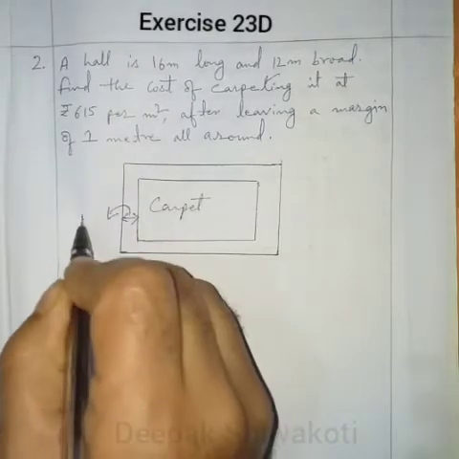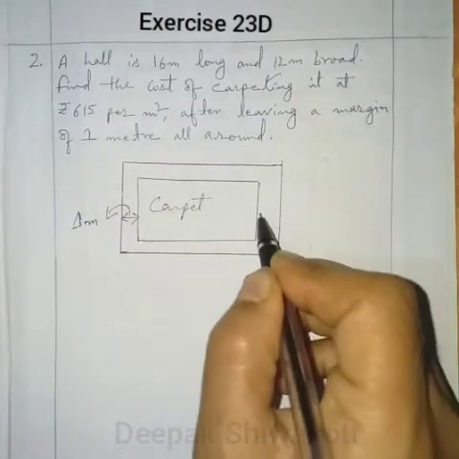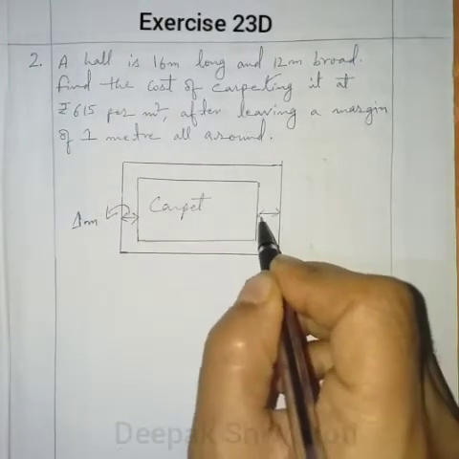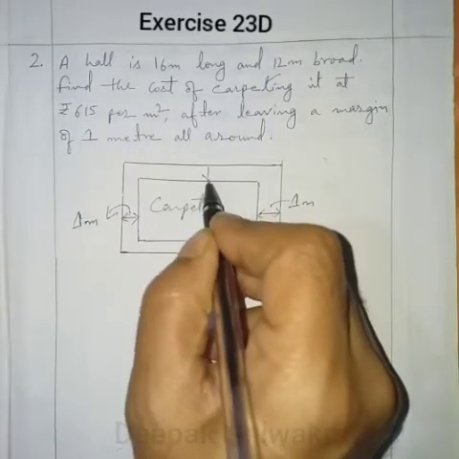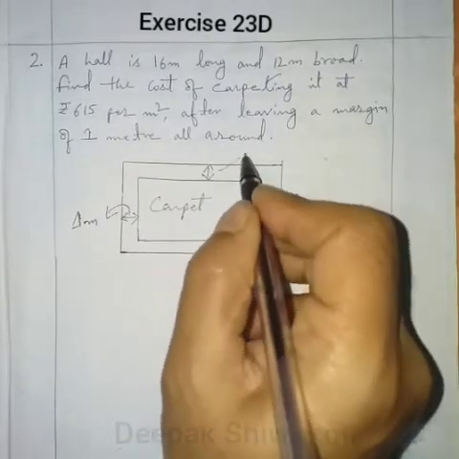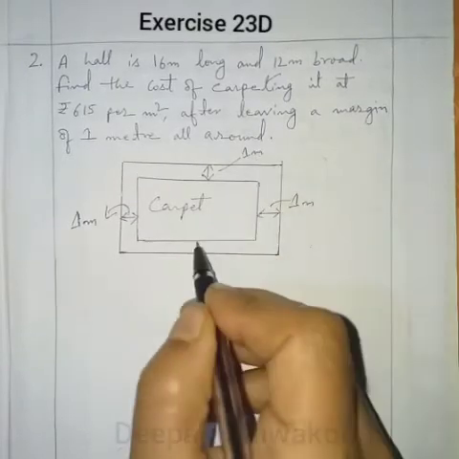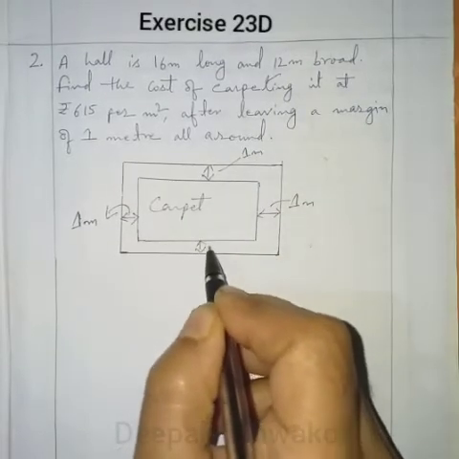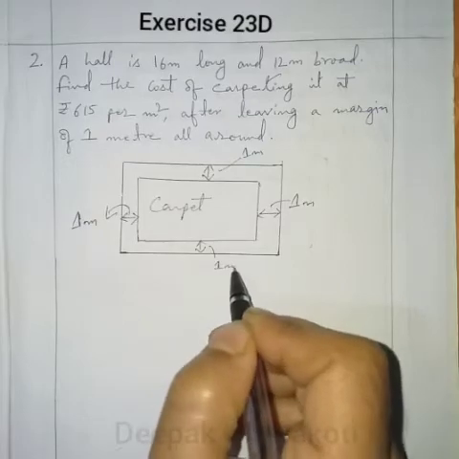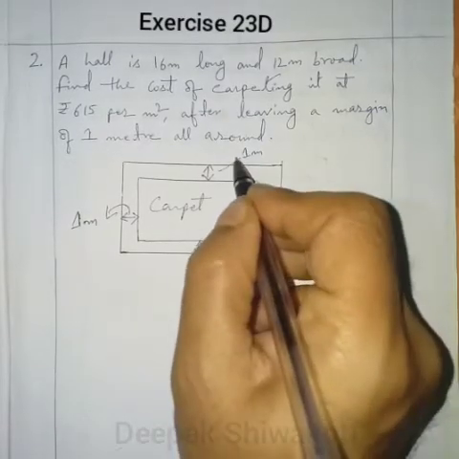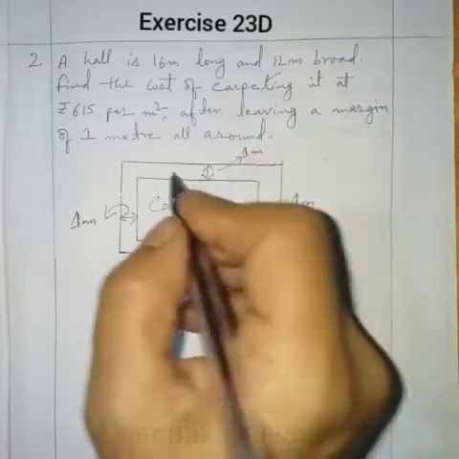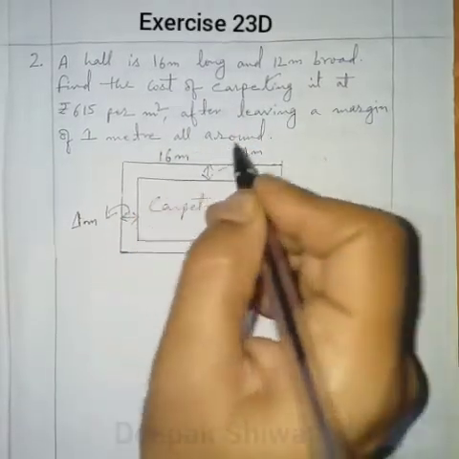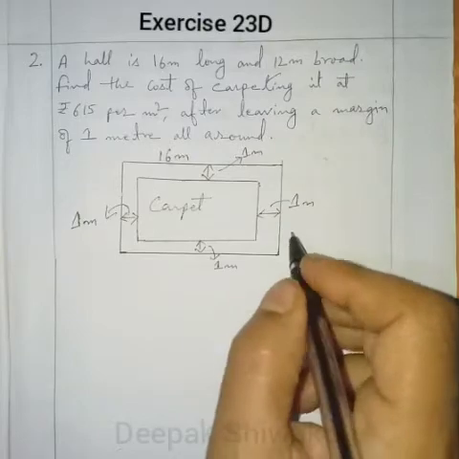Here is 1 meter, this side also we are leaving 1 meter, here also 1 meter, and here also 1 meter. And it is given that the hall is 16 meter long and 12 meter broad.